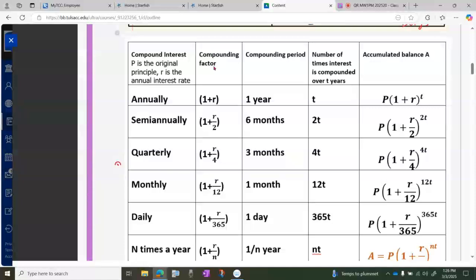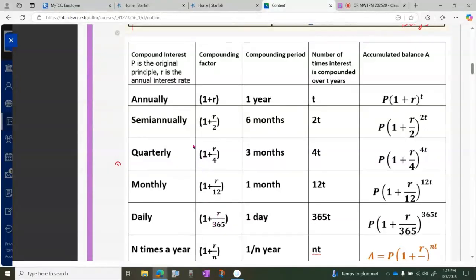If it's monthly, the compounding factor is 1 plus the monthly interest rate, which is the annual interest rate divided by 12. If the interest is compounded daily, then the compounding factor is 1 plus R over 365. R here is the annual interest rate. Divide the annual interest rate by 365, and we have a daily interest rate.